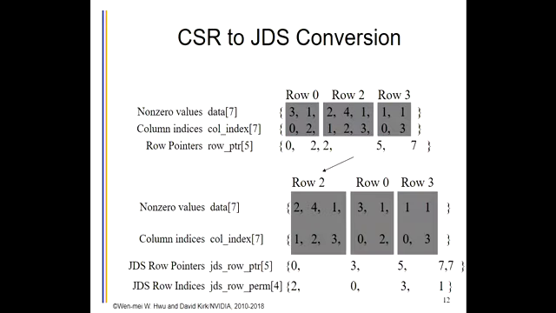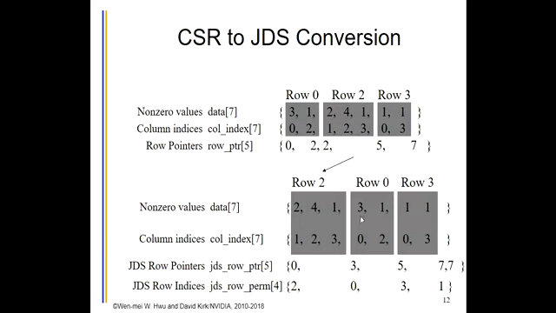The control divergence will be somewhat minimized. So when we do the CSR to JDS conversion, and in fact, in the lab, you're going to see a function call that converts the CSR to JDS in your host code. It's already done for you in MP7, okay? But it's fairly simple to see. You have row 0, row 2, row 3 in the original small example.